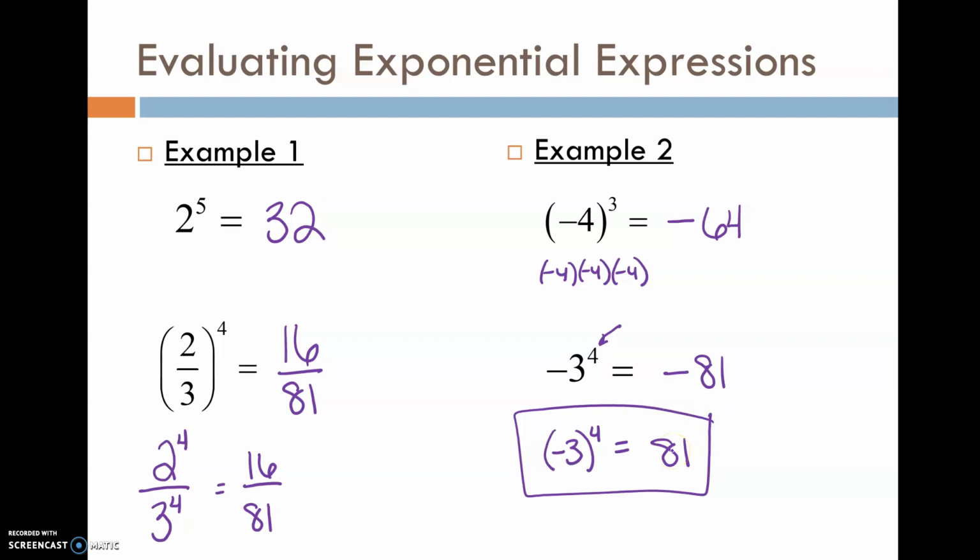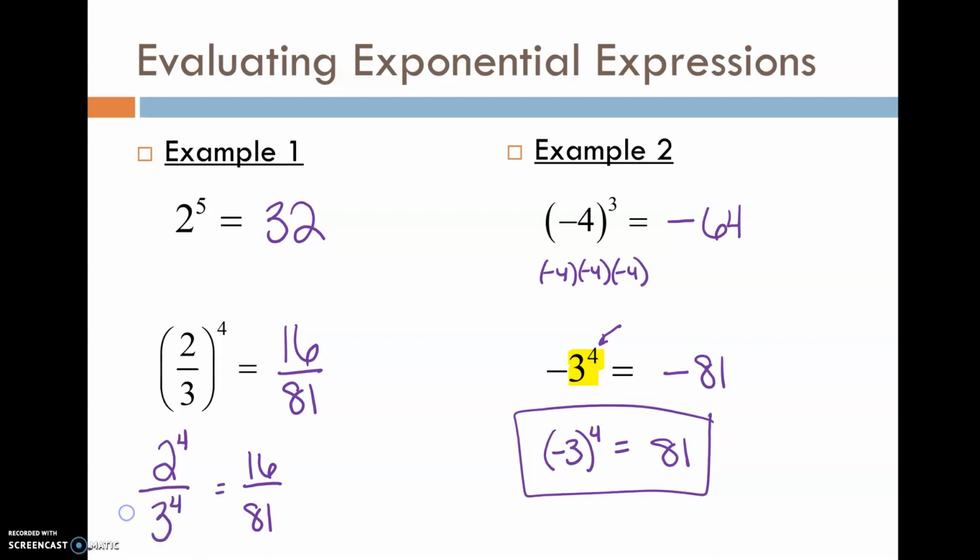So why did the calculator tell us the wrong answer on -3 to the fourth with no parentheses? Anybody know? Okay, the calculator is actually doing 3 to the fourth first, then it's sticking the negative on there.